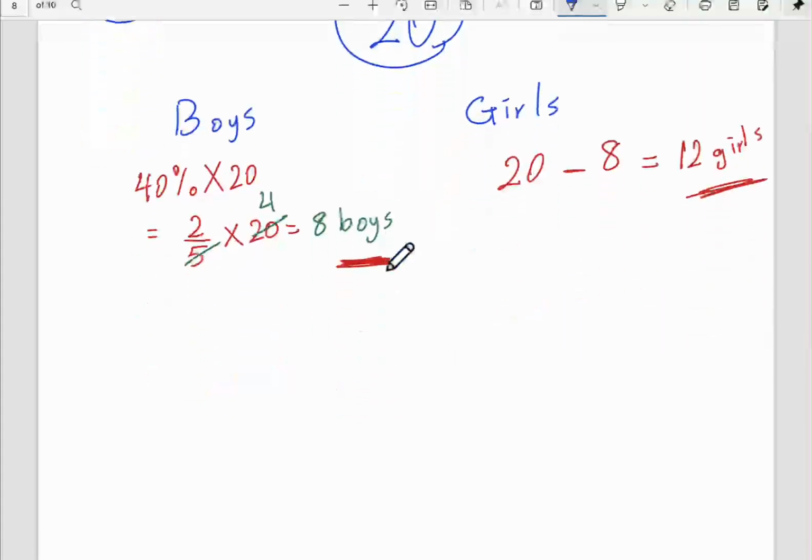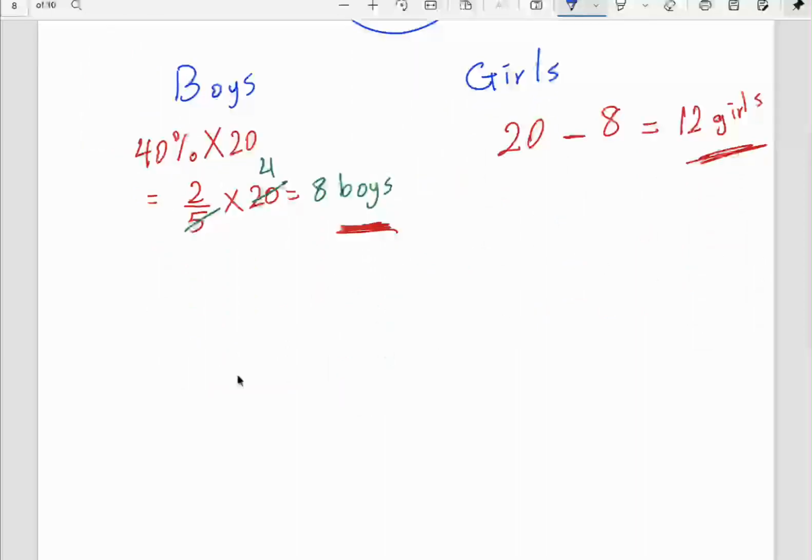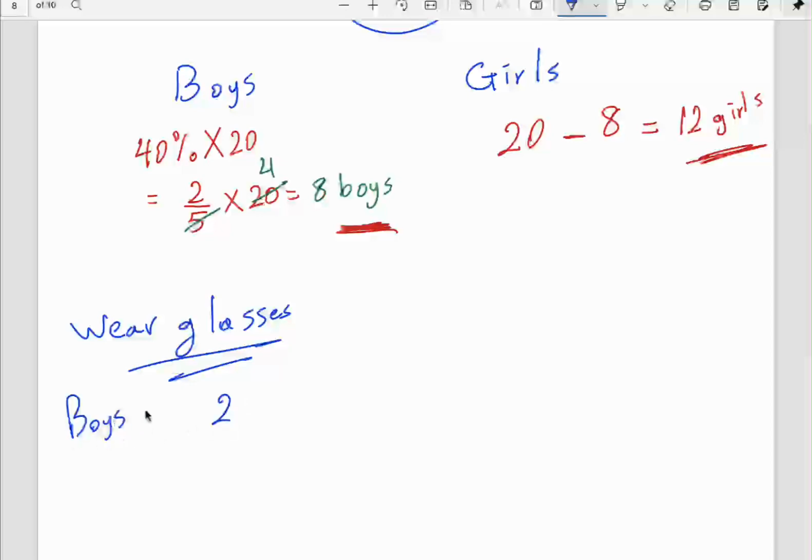For the boys, we get 25%, 25% of the boys, of 8. Multiply by 8.